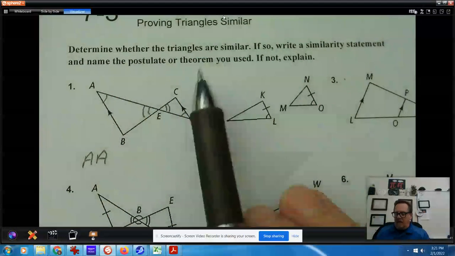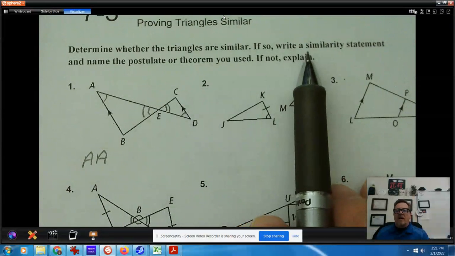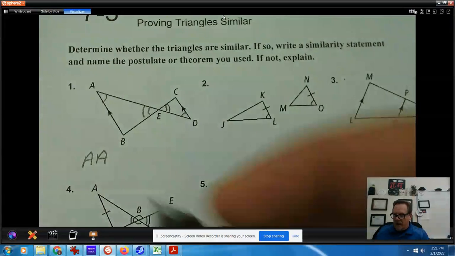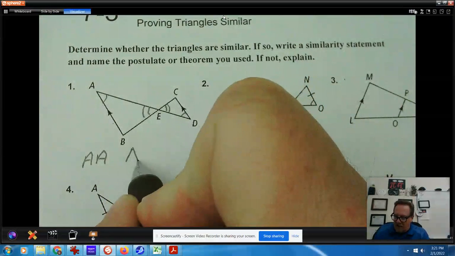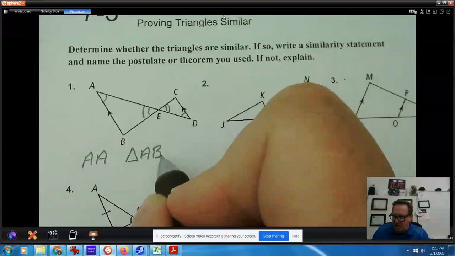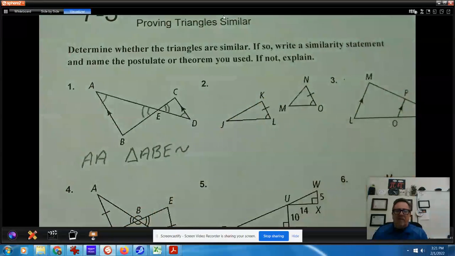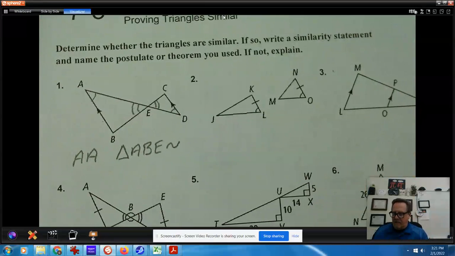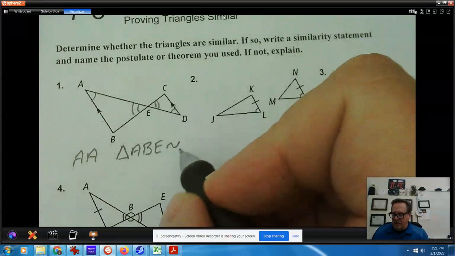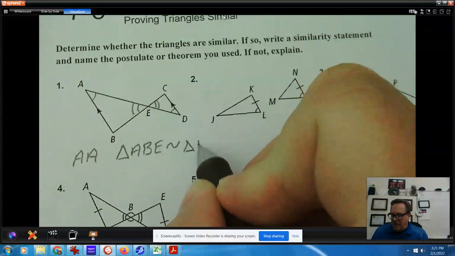Now that I've determined whether or not they're similar, I need to write a similarity statement. And that just is one that says triangle ABE is similar, remember, there's our symbol for similar, is similar to triangle DCE.